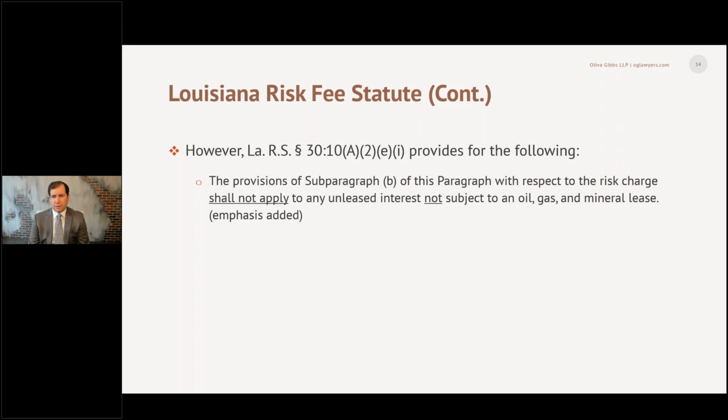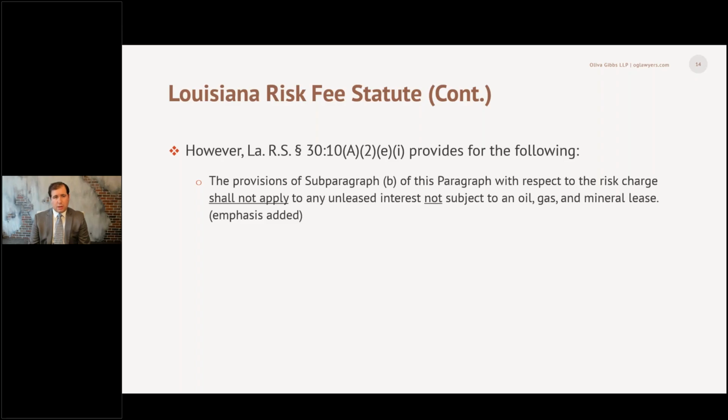So the risk fee attributable to non-participating parties does not apply to unleased mineral owners. But again, an operator does have the right to withhold all proceeds of production from the unleased mineral owners until payout is achieved. So that's generally how forced pooling and the risk fee apply in Louisiana.